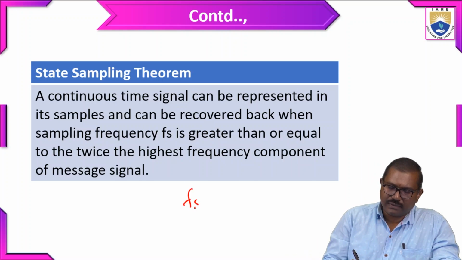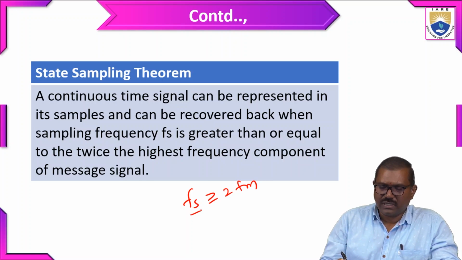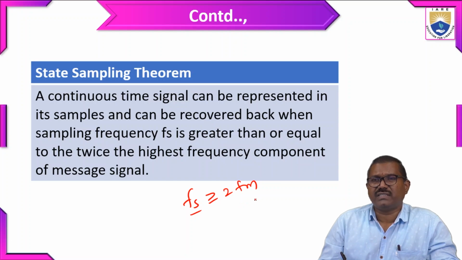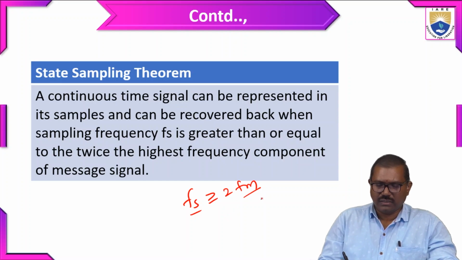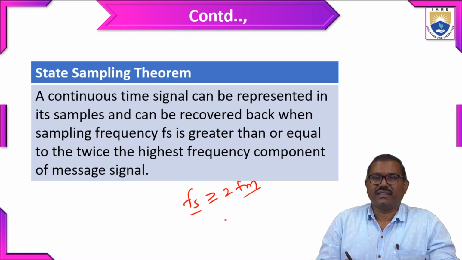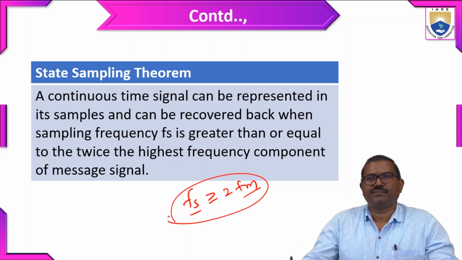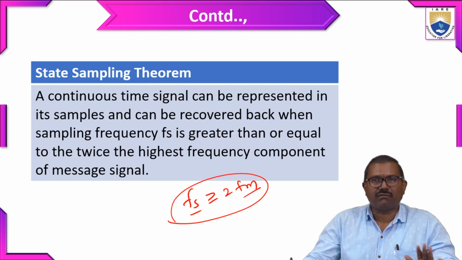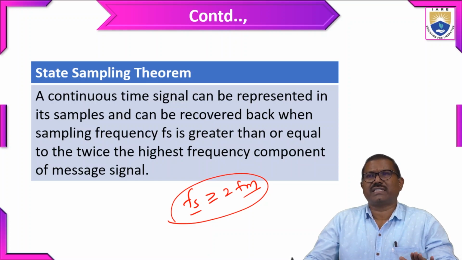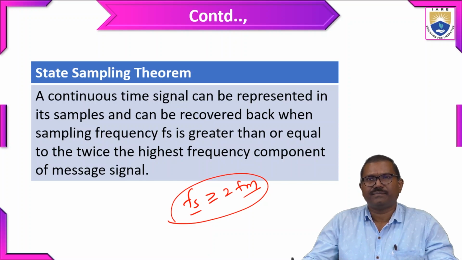Here Fs is the sampling frequency and fm is the frequency component of the message signal. So this is the sampling theorem. According to the sampling theorem, we convert an analog signal into a discrete time signal.